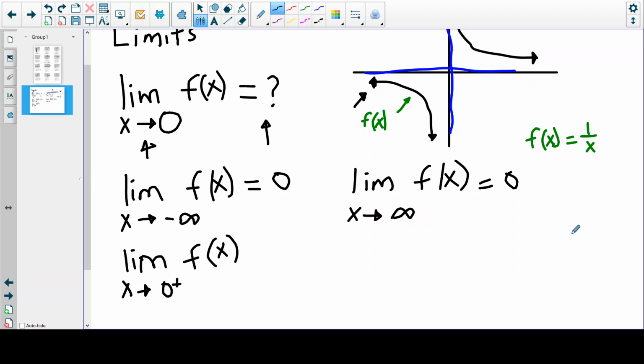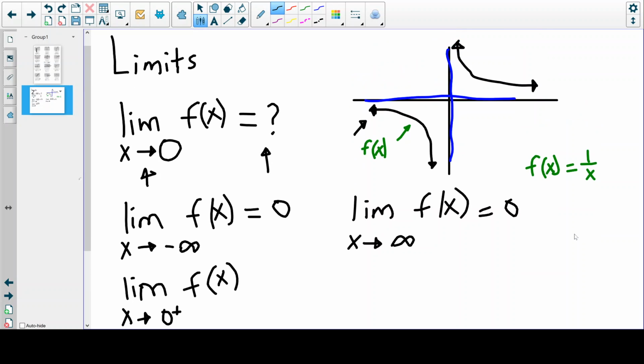Meaning, if we scroll back up to our graph here, the limit is going from the positive side over to 0. So this one is going to equal positive infinity. You don't need to write that positive sign, but it helps show that it's going to positive infinity because it's from the positive side of 0.